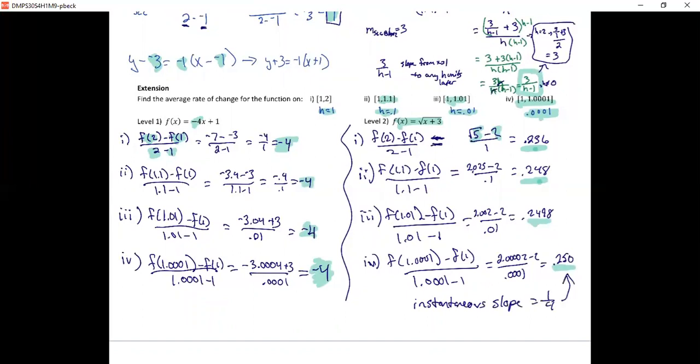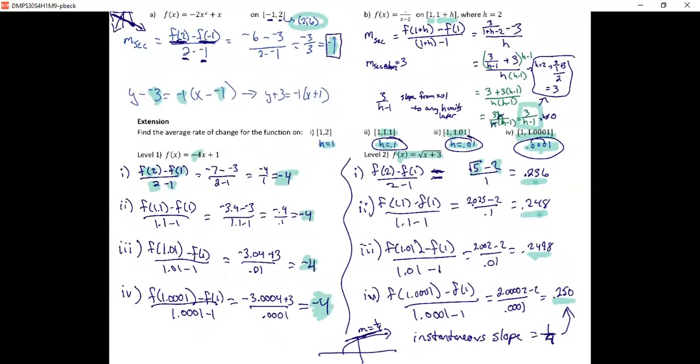And we can see that right there as that decimal, but our instantaneous slope is 1/4. What that means is on this graph of the square root of x plus 3, at x equals 1, which is right here, this slope is 1/4, and that is what we call the tangent line. So the slope of the tangent line is what happens when h gets smaller and smaller and smaller.